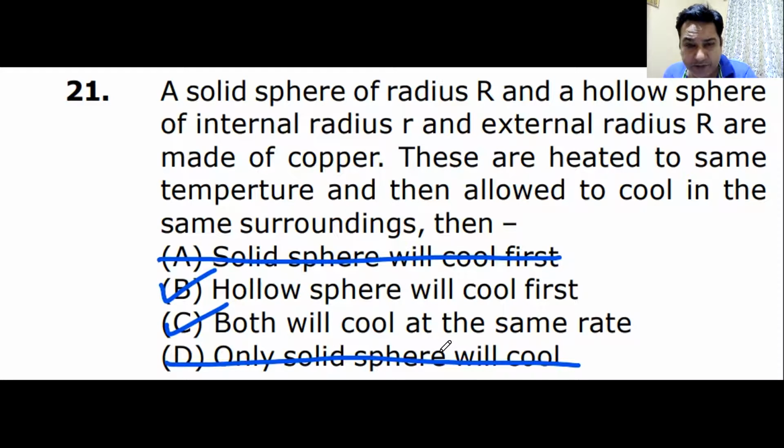Sigma, same for everyone. Area, the outer area is same. Temperatures are same. It is inversely proportional to M. Masses are same here. It is inversely proportional to specific heat. That is also same. So both will cool down at the same rate. Do we understand this?